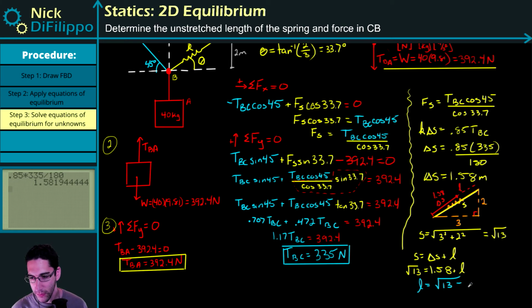It's not all under the square root. That would give me an incorrect answer. So my unstretched length L is equal to the square root of 13 minus 1.58, and I get 2.03.